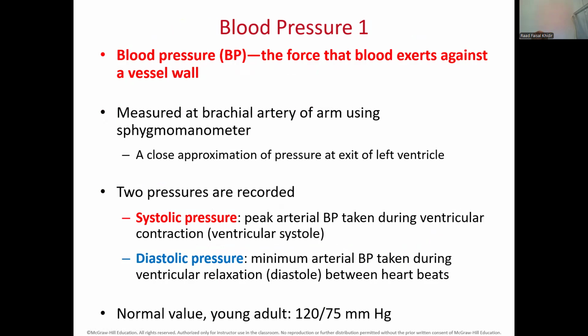So blood pressure is the force that the blood exerts against a vessel wall. It is measured at the brachial artery, and we collapse the artery. We make 2 points: a point above the cuff that has high pressure, and a point below the cuff that has the lowest pressure.